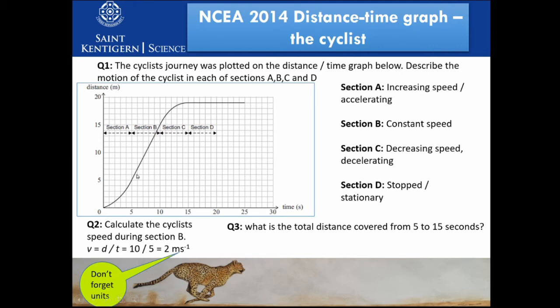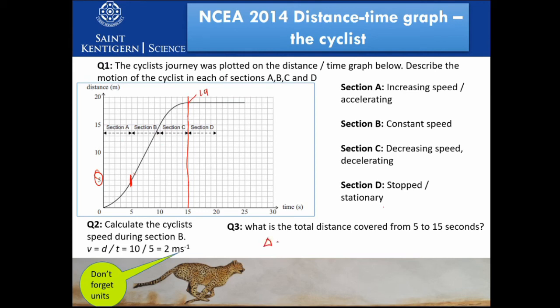What is our total distance covered from 5 to 15? So if we start at 5, our distance was 5. And if we go to 15, we end up at 19 meters, don't we? So it's quite simple.